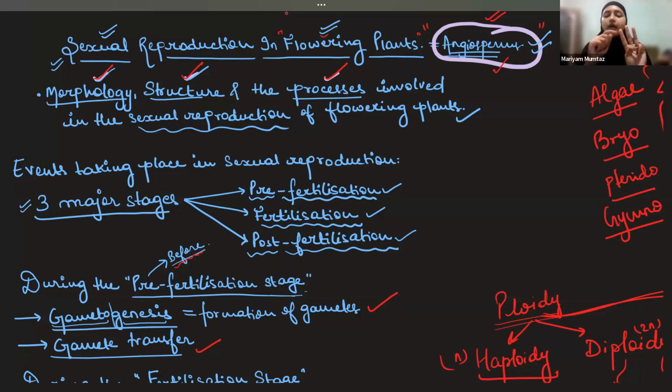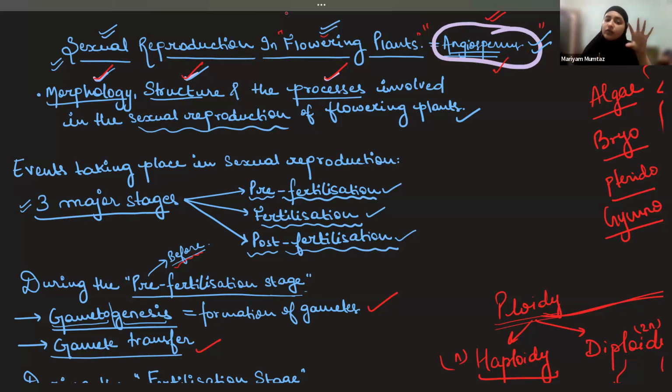Now what is fertilization? Fertilization is the process wherein the fusion of the male and the female gamete takes place. Pre-fertilization events are all those events that take place prior to this fusion of gametes.